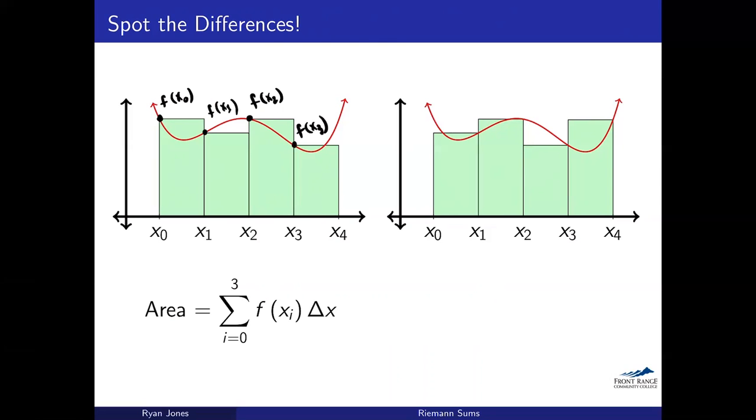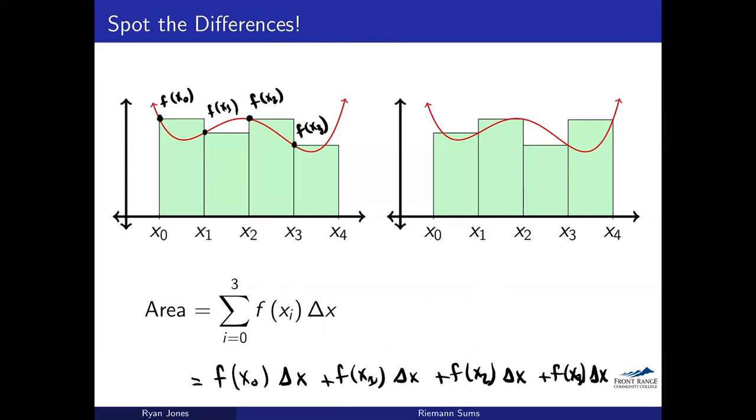And so this area is just equal to f of x naught delta x plus f of x1 delta x plus f of x2 delta x plus f of x3 delta x.